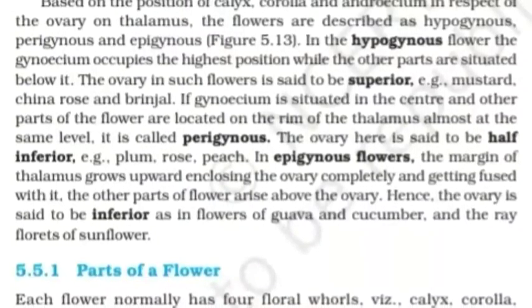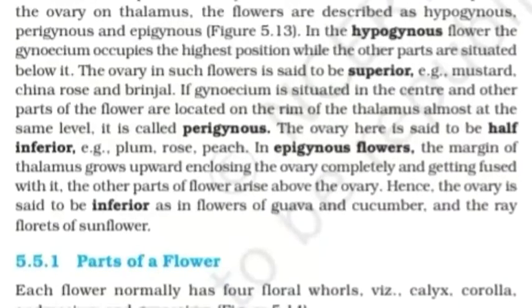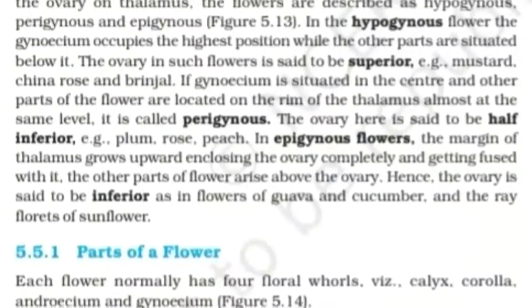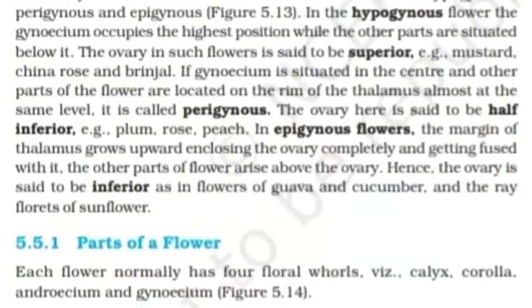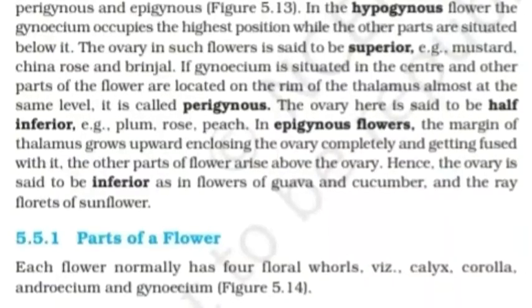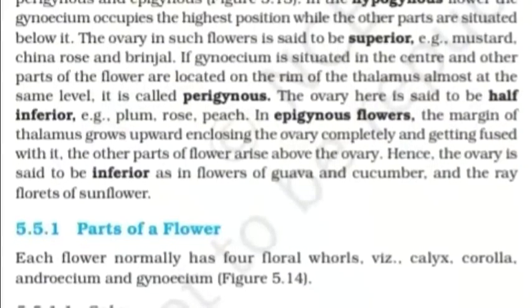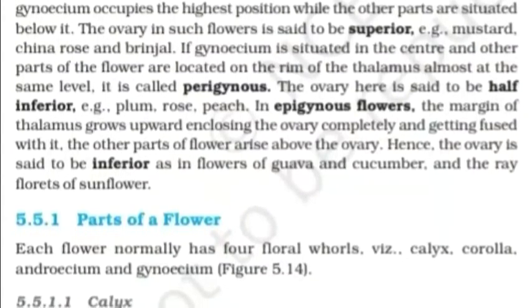In the hypogynous flower, the gynoecium occupies the highest position while the other parts are situated below it. The ovary in such a flower is said to be superior. Example: mustard, China rose, and brinjal.